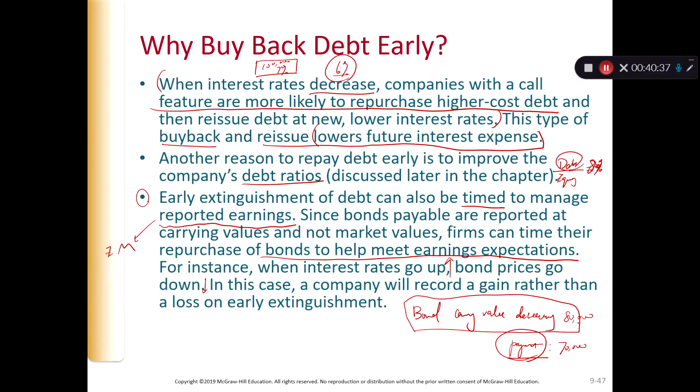Therefore, you retire this bond by paying only $70,000 rather than $80,000. Hence, you report a gain, right?